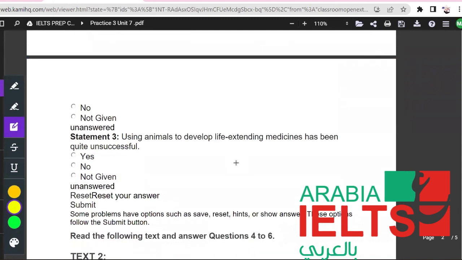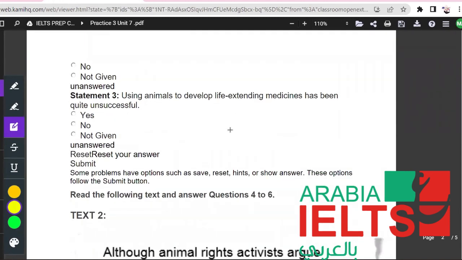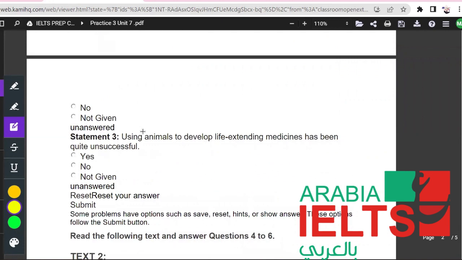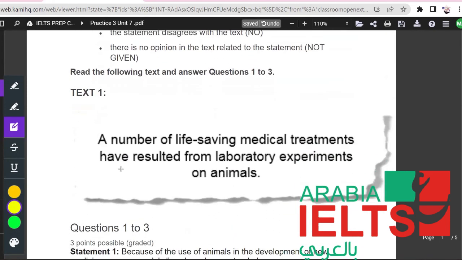Statement 3: using animals to develop life extended medicine has been quite unsuccessful. So using animals to develop life extended medicines has been unsuccessful, while the writer says a number of life-saving medical treatments have resulted from laboratory experiments on animals.